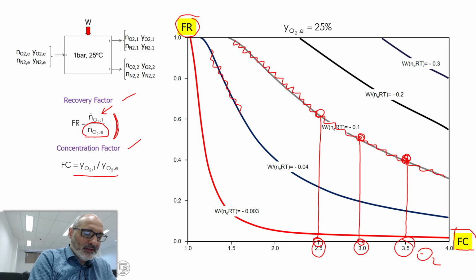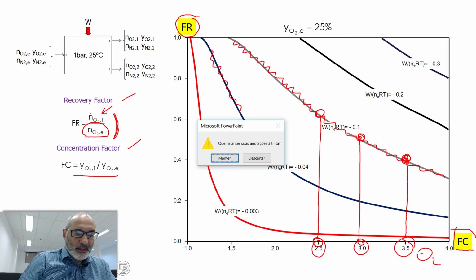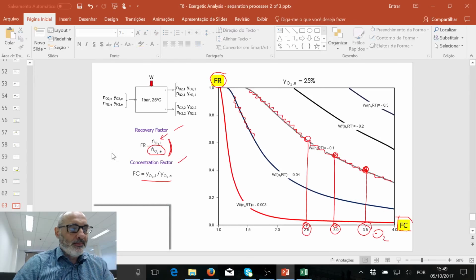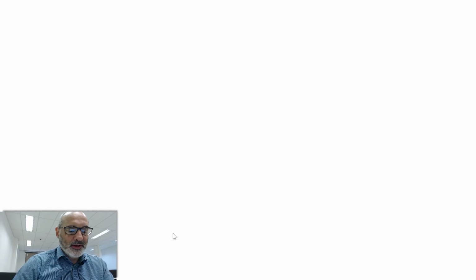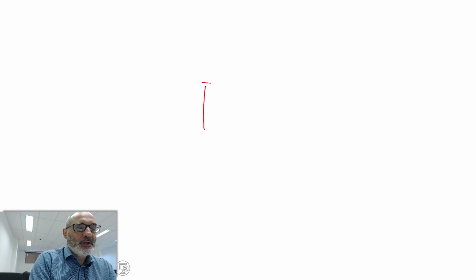Let me explain this another way. I'm creating a blank slide here to make some drawings, because this is important. This is my separation process, which consumes work or exergy.